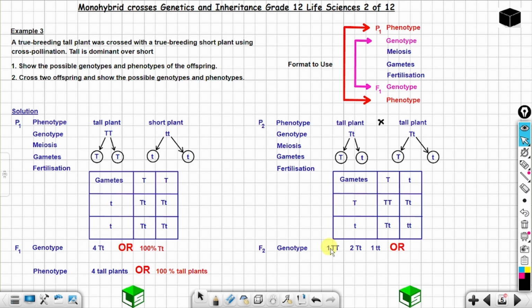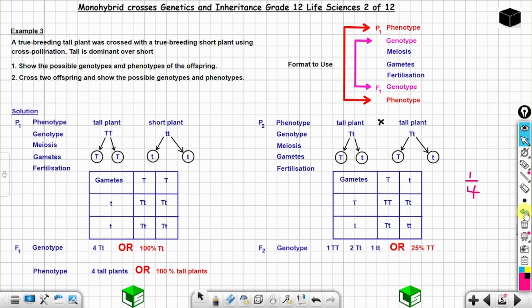You are going to calculate the percentage. Let me show you, one of this over the total 4, times 100. You are going to have 25% of this.